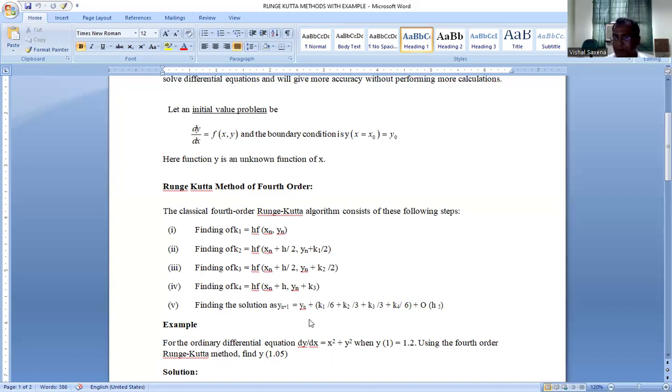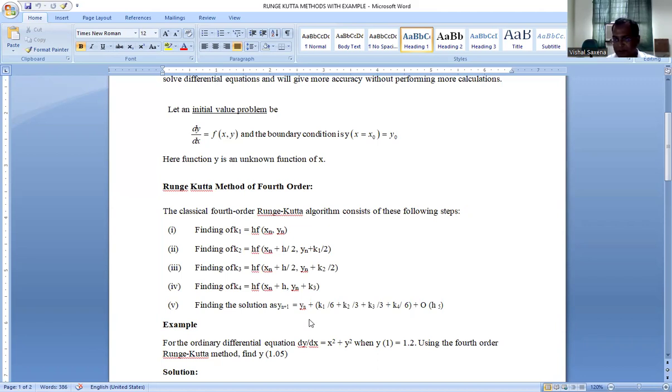After finding K1, K2 and K3, next we calculate K4. K4 is given by h into f(xn plus h, yn plus K3). In this step there is a difference from the earlier steps: xn is increased by h and yn is increased by K3. K1, K2, K3 and K4 are successive terms, and we have to find them for every step.